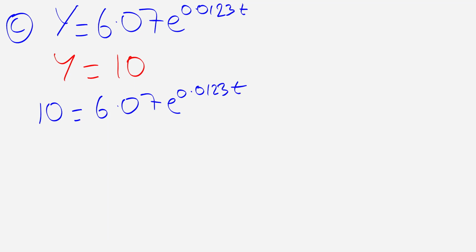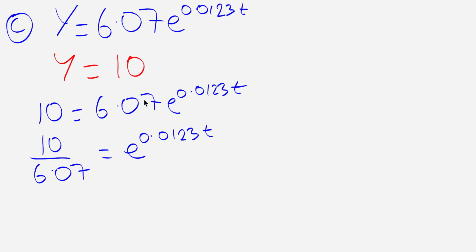So this is a situation where we're trying to solve for the power of the exponential. So we're going to take the natural log of both sides. But before we do that, we'll divide both sides by 6.07. So 10 over 6.07 equals e to the power of 0.0123t. Then we take the natural log of both sides.